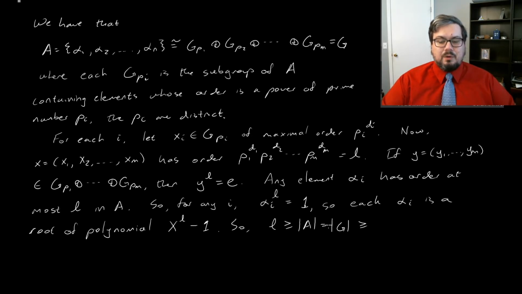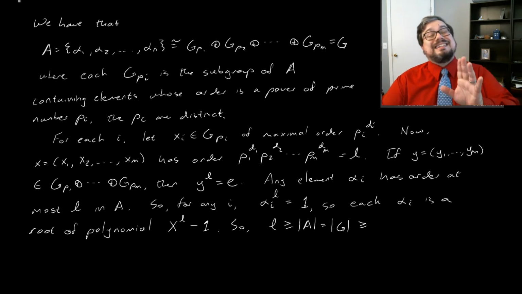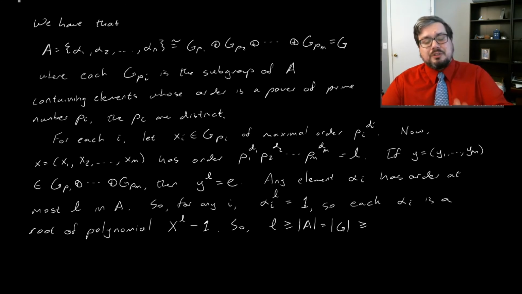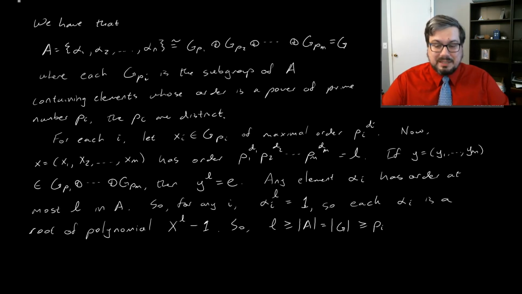But the order of G is equal to the product of the orders of each of the groups, and each of the orders of the groups G_{pi} is greater than or equal to pi to the di.